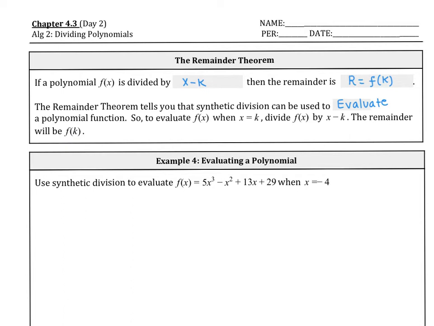Normally when you find f of 2, you just plug in 2 for x in the whole equation. And now we learned that we can also find f of 2 using synthetic division by following the remainder theorem.